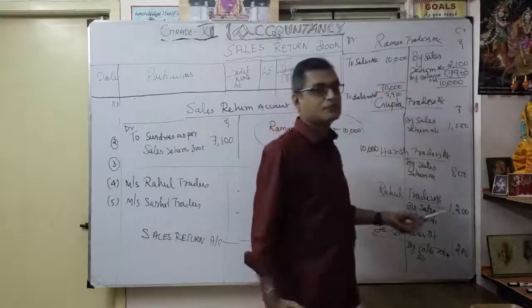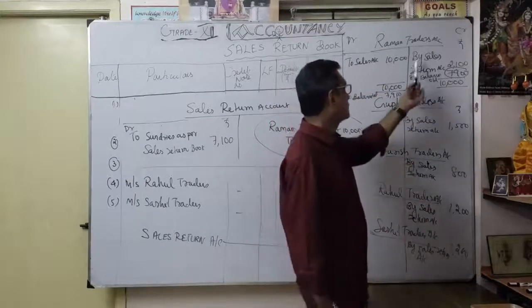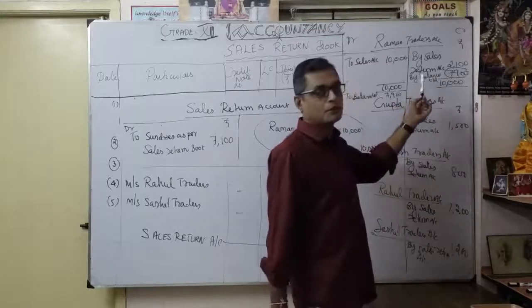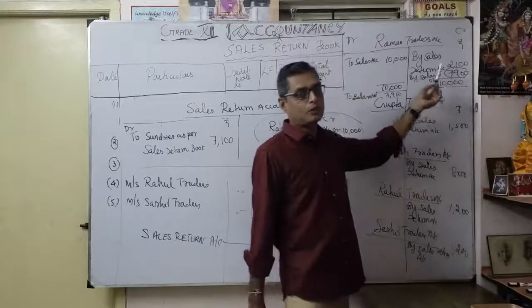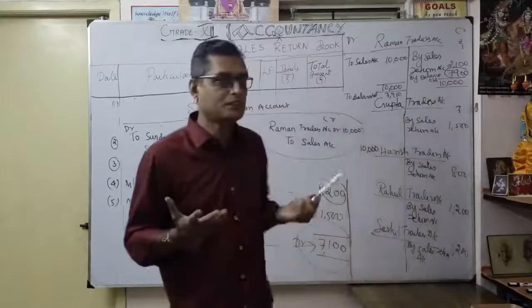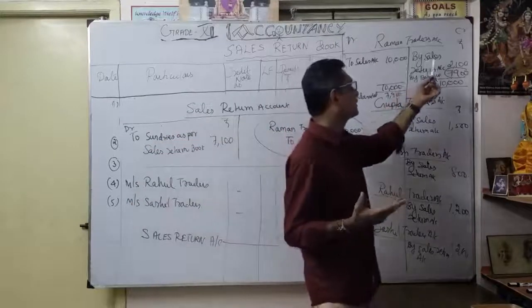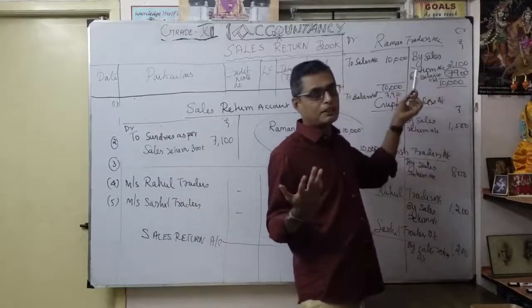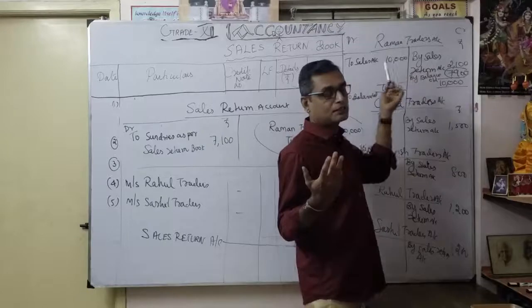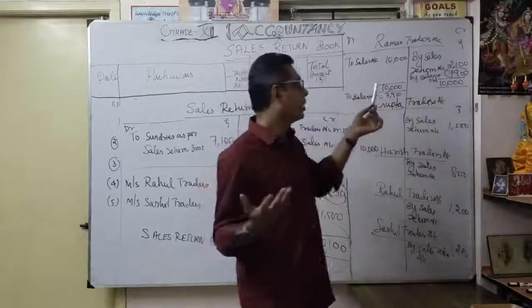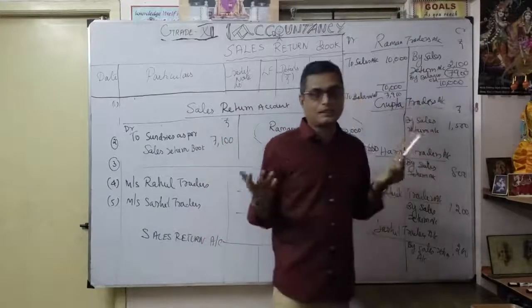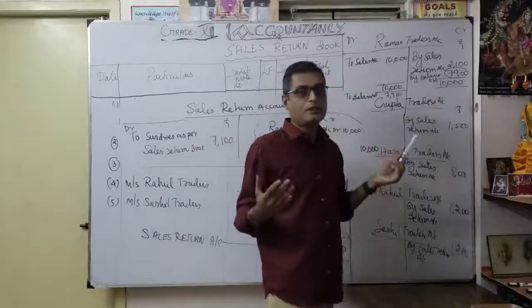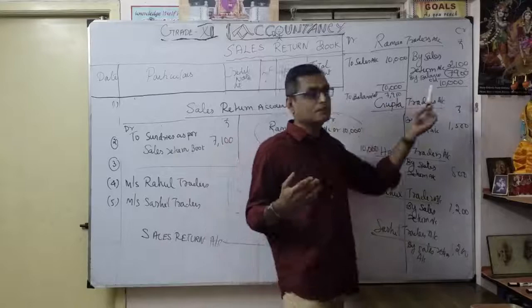Now, by sales return account 2,100. Only then do you know the exact balance Raman Traders has to pay us. Otherwise, suppose you forget to record the sales return. We thought we sold goods worth 10,000, but Raman Traders paid just 7,900. We become confused about the 2,100. That's why recording the transaction is very, very important.